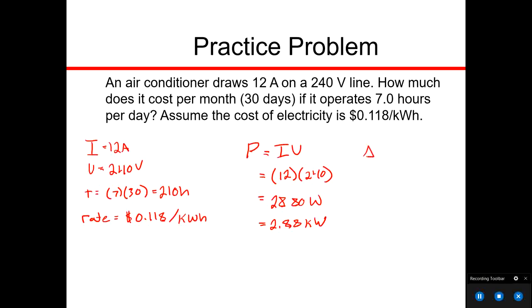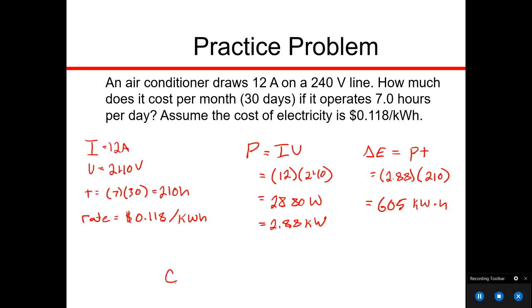Okay, we then calculate our energy. Energy is equal to power times time, which we get 2.88 kilowatts times 210 hours gives us energy in terms of kilowatt hours as 605 kilowatt hours.